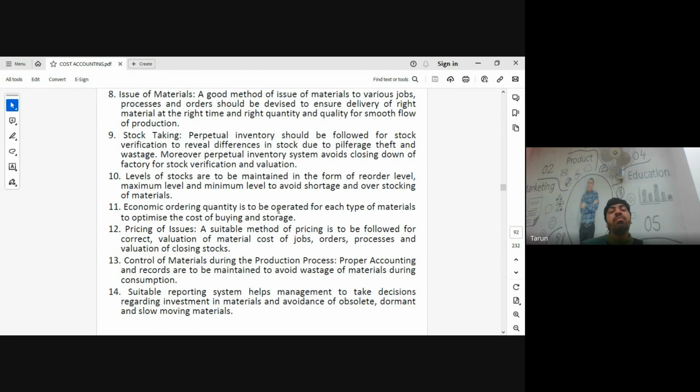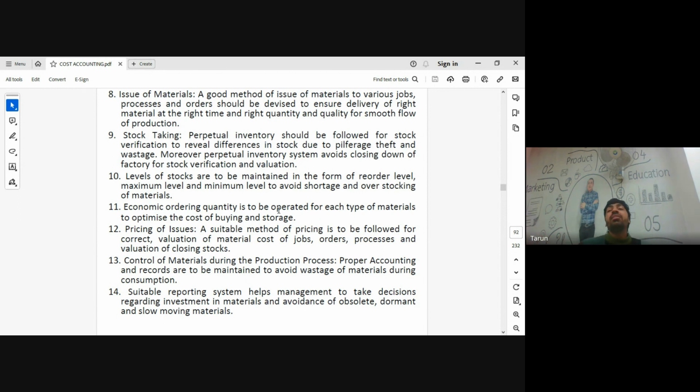Next one is a suitable reporting system, which helps management, of course. When the employers and the managers make up a suitable reporting system, it will always help the management of the organization to take appropriate decisions regarding how to invest and what to invest, which investment should be preferred in materials, or how to avoid any losses on wastage, and why the stock is moving in a slow process.